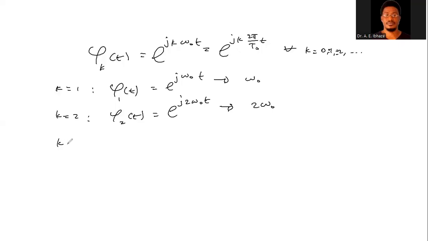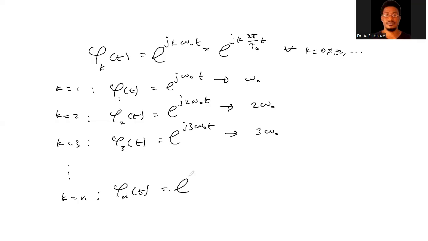And should k be 3, phi 3 of t will be the same as exponential j 3 omega naught t, for which we have 3 omega naught. And should k extend to some value n, then phi n of t will be the same as exponential j n omega naught t, such that for all of these values, we have n omega naught. Okay?